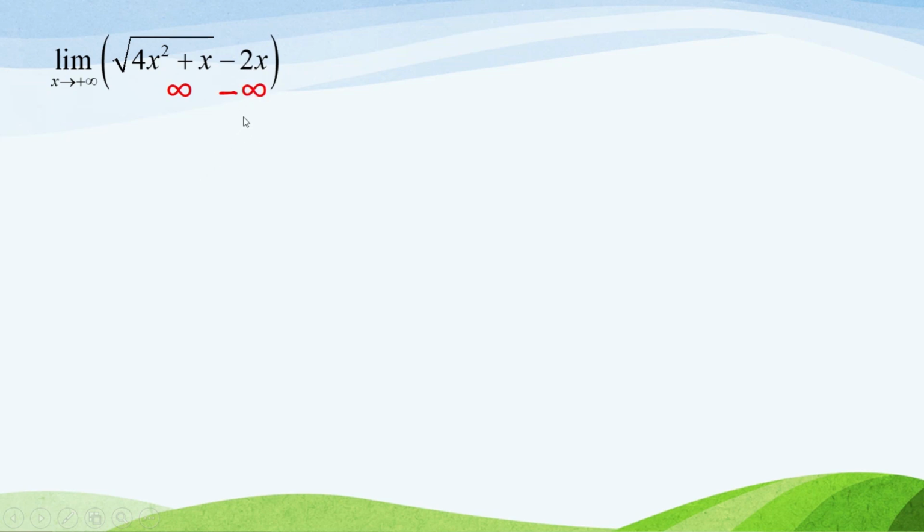That is infinity minus infinity, and we don't know the answer, so we must multiply by the conjugate. The conjugate of the square root of (4x squared plus x) minus 2x is the square root of (4x squared plus x) plus 2x.